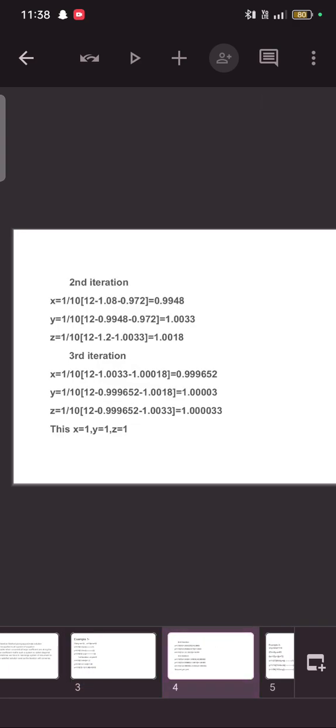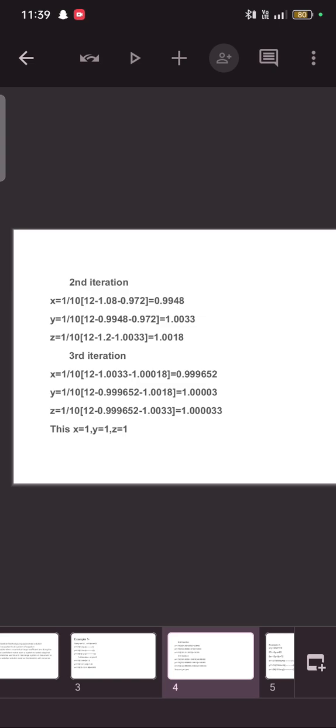Let's look into the second one. We replace the values of x, y, z that we got in the first step in this second step. Then we get x is equal to 0.9948, y is equal to 1.0033 and z is equal to 1.0018. And we replace the values of the second iteration in the third one. Then we get x is equal to 0.99652, y is equal to 1.0003 and z is equal to 1.00033.